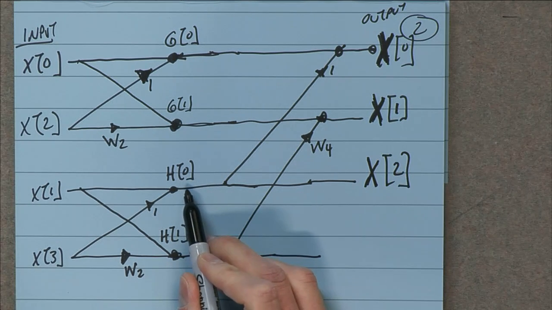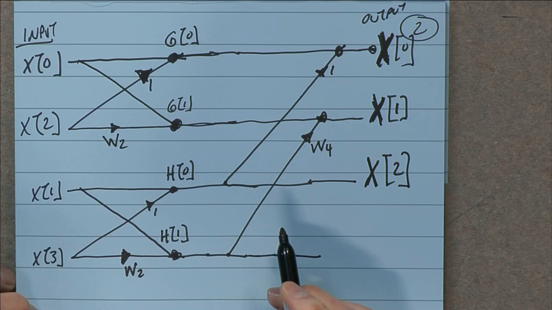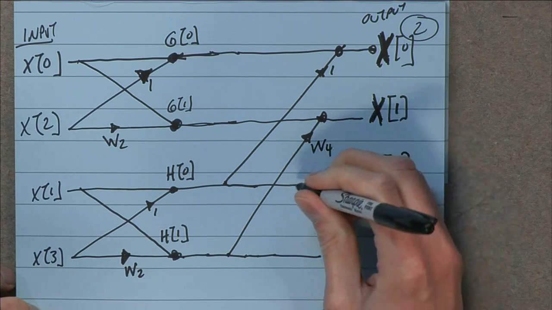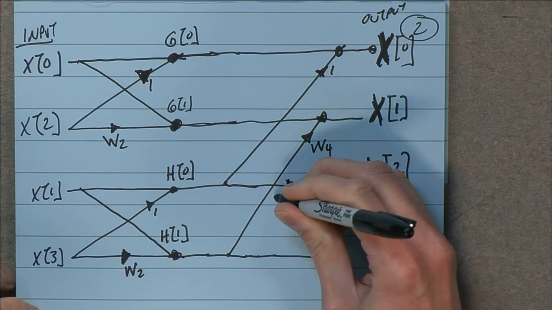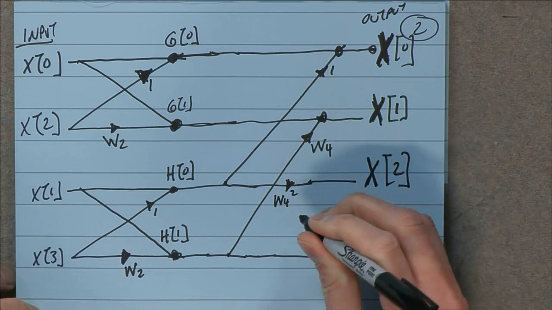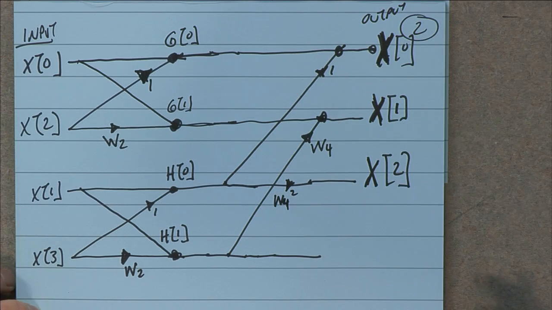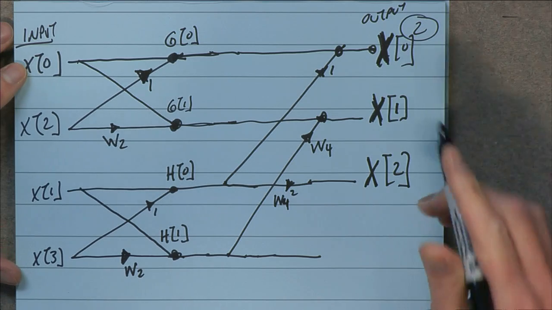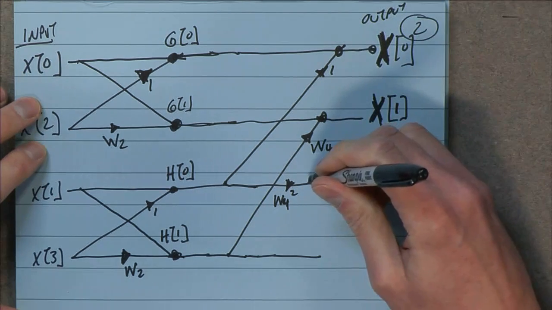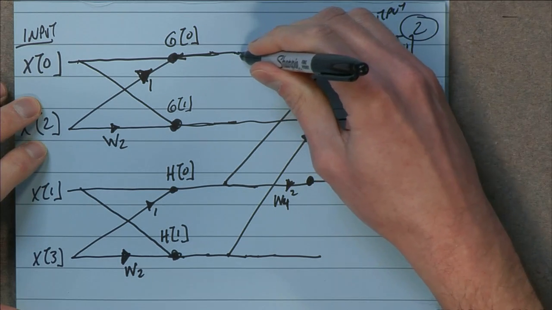There's our H0, and it needs a W4 squared weight. I'm going to put that right there. And we also need G0 to add to it. Is that right? Yes. So we'll have to bring G0 down.